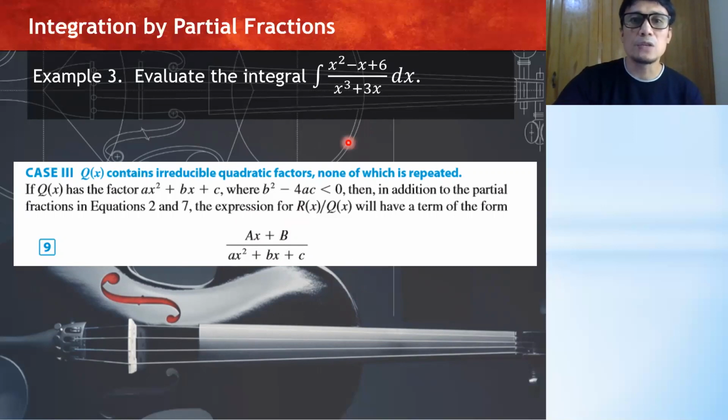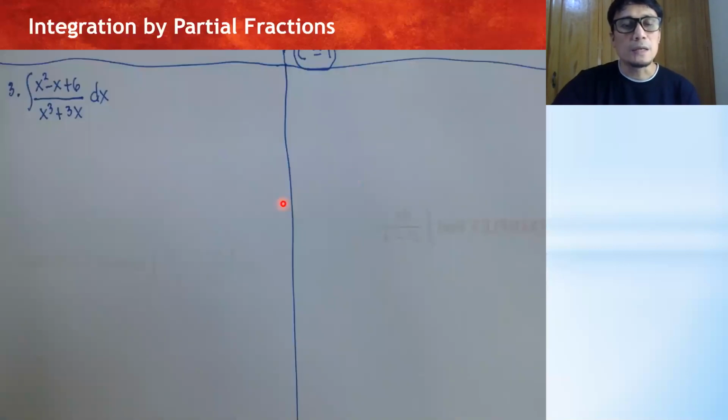Okay. So I will again do the computation by hand. First, we're going to decompose this, and then after that, finally solve for the integral of this one. So we have this expression.